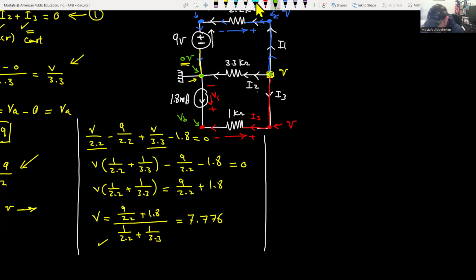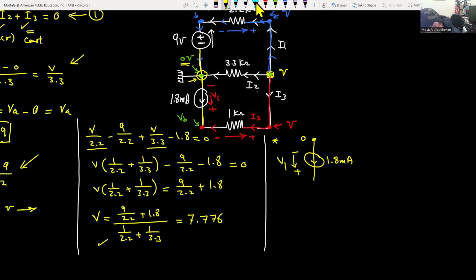VB. So let's draw on the side here the current source, the 1.8 milliampere. This point is 0, correct? This point is the ground. And this point, we don't know. We know that the voltage across the current source, which is required, is V1.